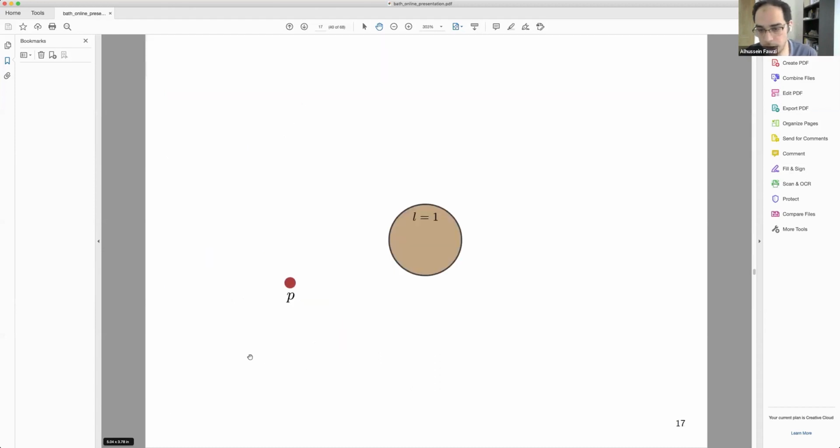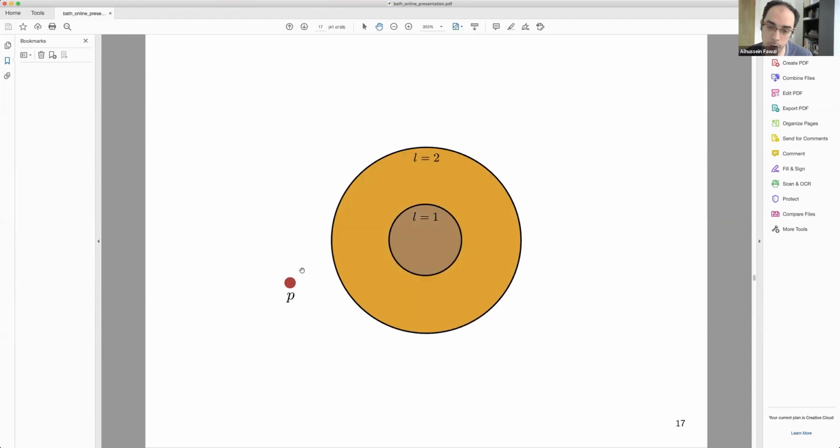So just to highlight this pictorially: in the static proof, you start with the first level of the hierarchy and you want to prove that this polynomial P is non-negative. P does not belong to the first level of the hierarchy, so you go to the second one, it doesn't belong, you go to the third one, it doesn't belong, and so on.